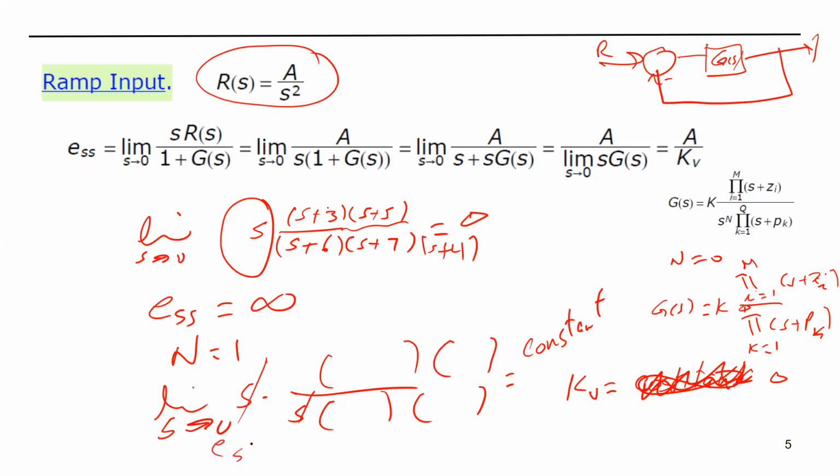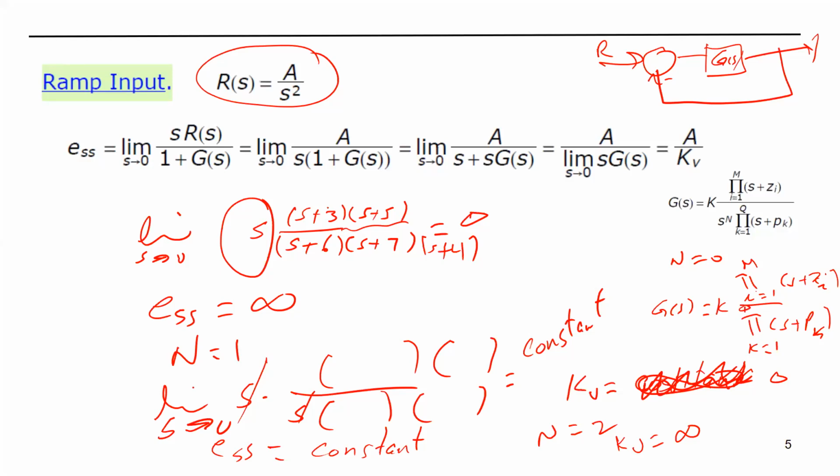So the steady state error equals a constant. Doctor, this will help me a lot in design, right? Yes. If n equals 2, G will go to infinity.